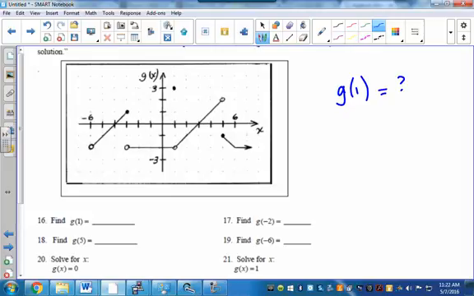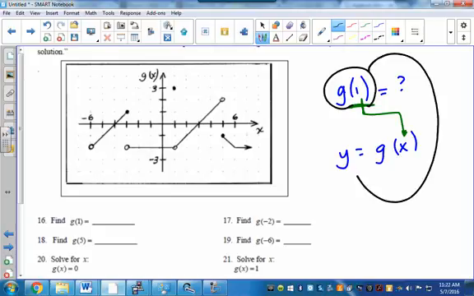Now, how do we do that, and what does that have to do with limits? You'll see very, very closely. Now remember, the y is the g of x. So in this notation here, the 1 is the x value, and the entire expression, g of 1, is going to be the y value.